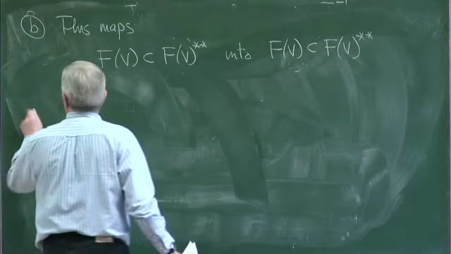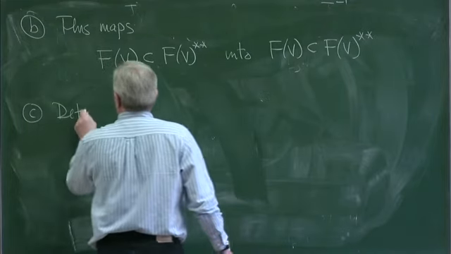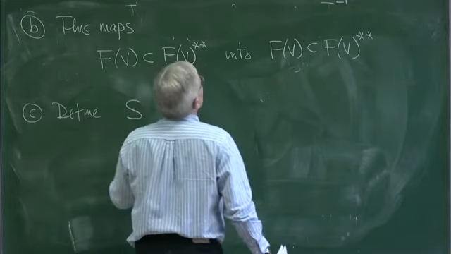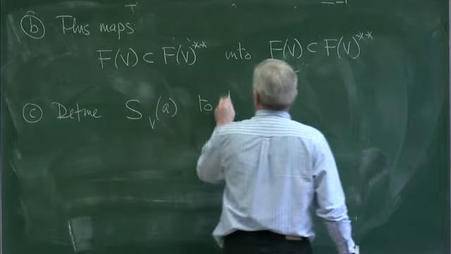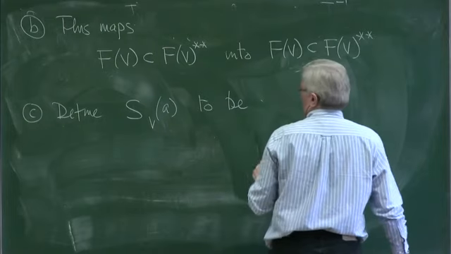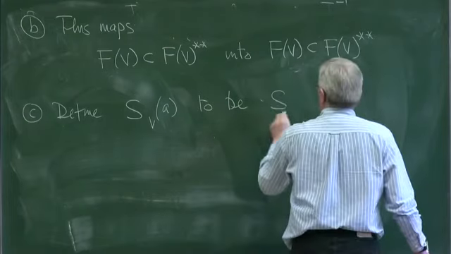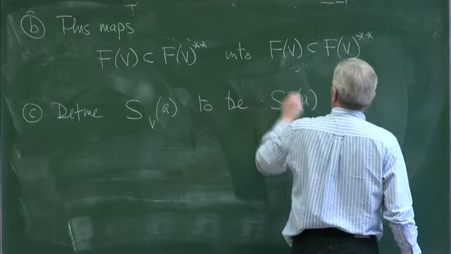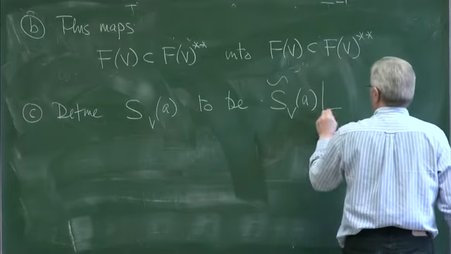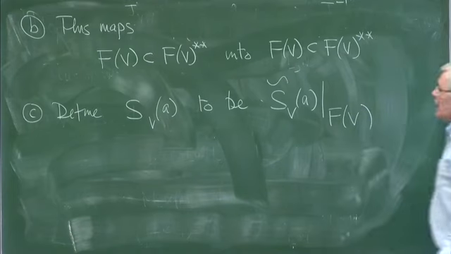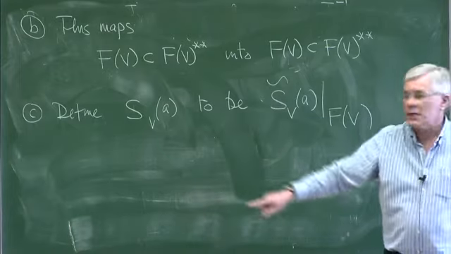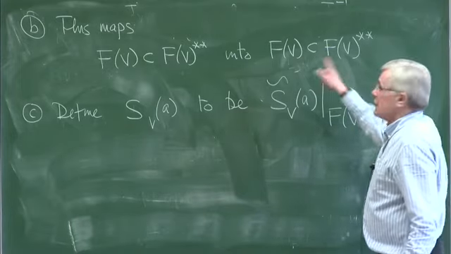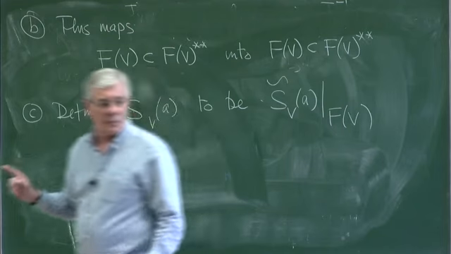And define S V of A to be S V of A tilde restricted to F of V. Then you see that this family of operators is a natural transformation from the functor F of V to F of V. And that's the antipode.